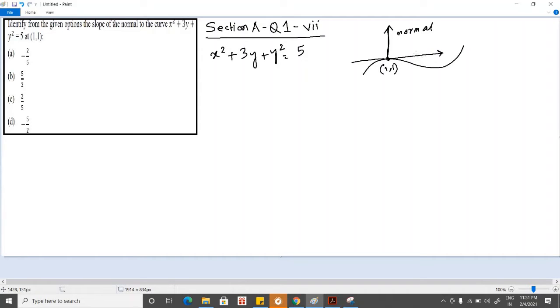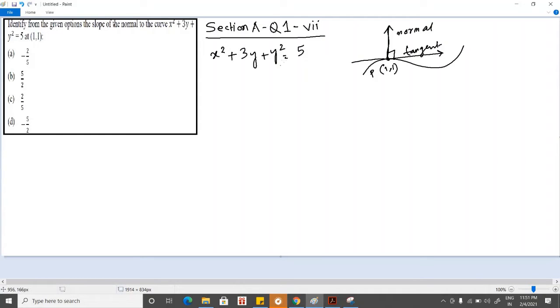Now if we find out the slope of this tangent, we can easily find out the slope of this normal, because we know that the normal and the tangent are mutually perpendicular to each other. And if we multiply the slopes of the normal and the tangent, we will get minus 1. So let us first of all find out the slope of the tangent at point P (1, 1).